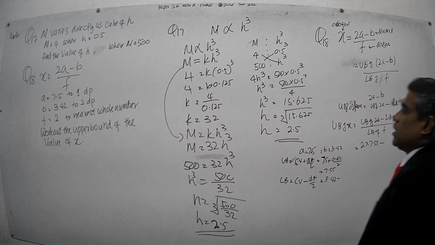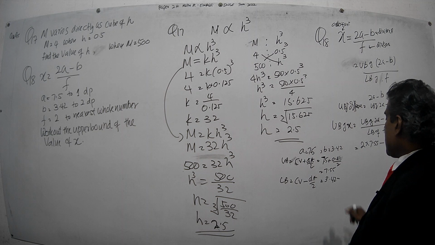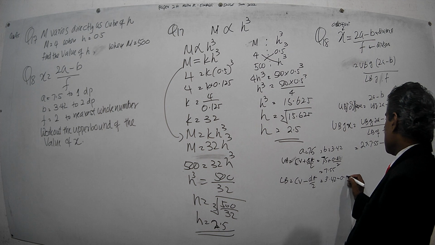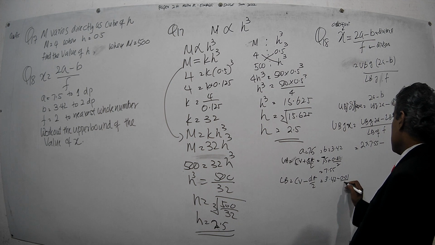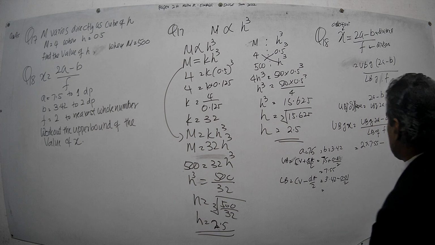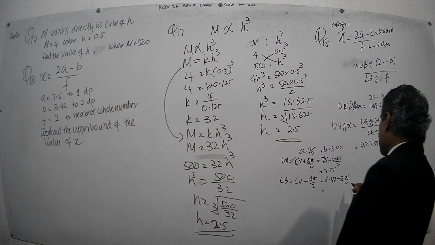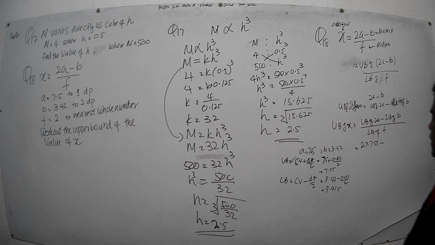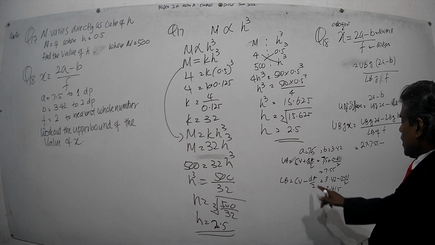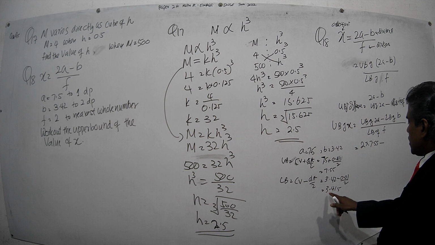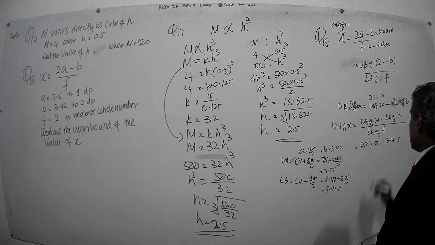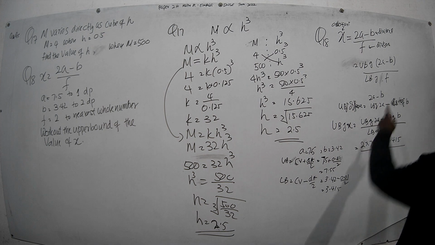So 2 decimal places means the degree of accuracy used in the formula is 0.01 divided by 2. Then you get 3.415. So the lower bound of B is 3.415, divided by the lower bound of F.